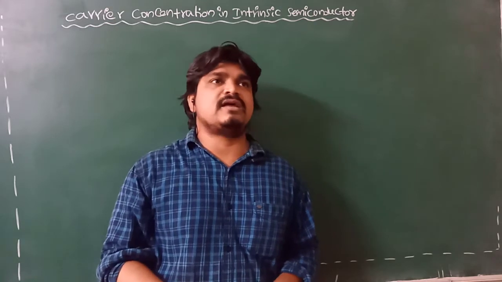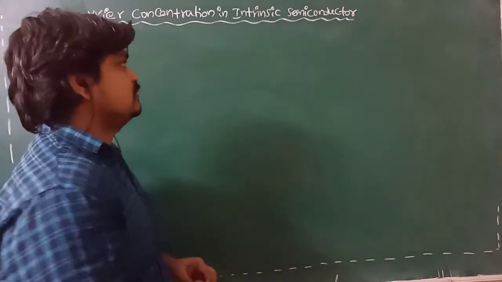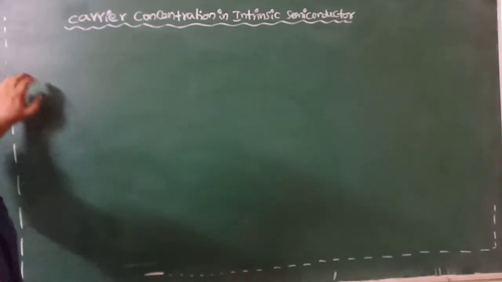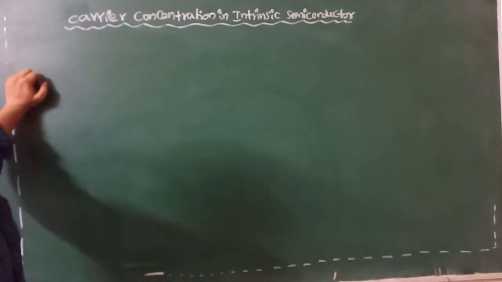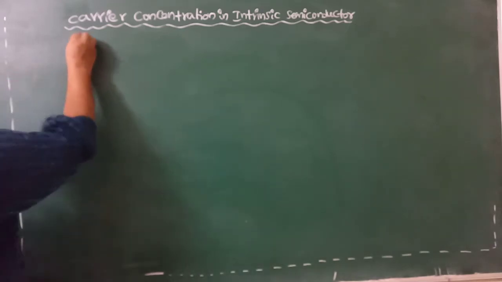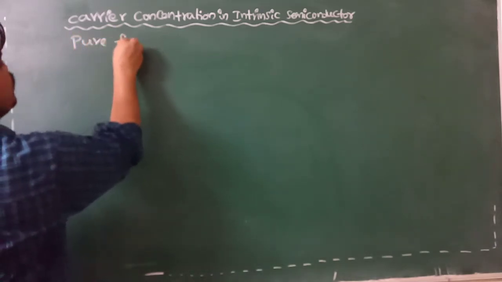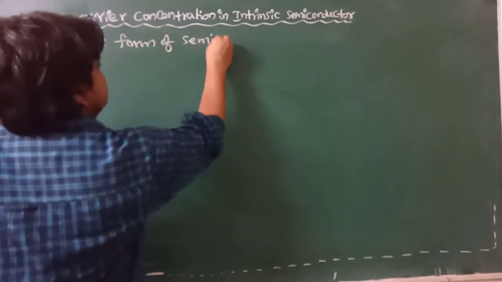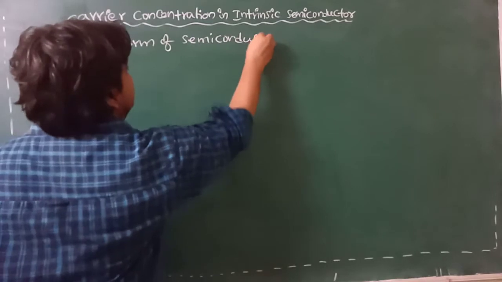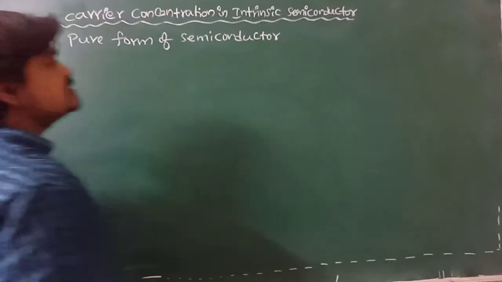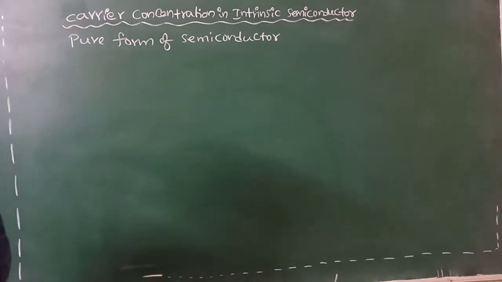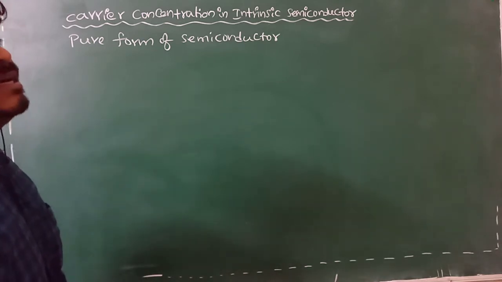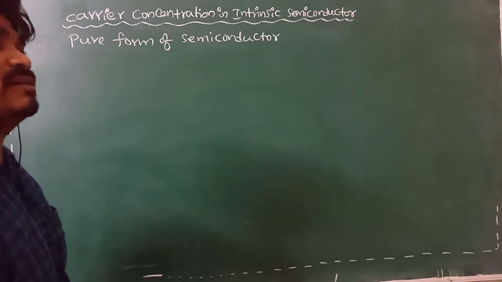Semiconductors are again classified into two types: one is intrinsic semiconductor, another is extrinsic semiconductor. Pure form of semiconductor is known as intrinsic semiconductor. Impure form of semiconductor is known as extrinsic semiconductor.